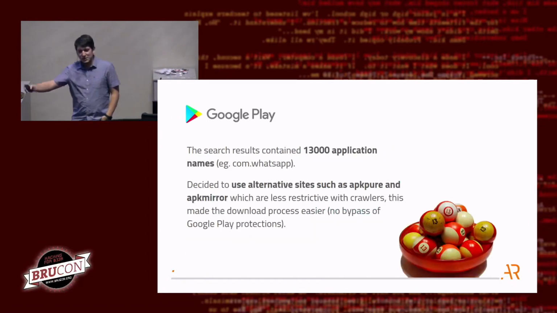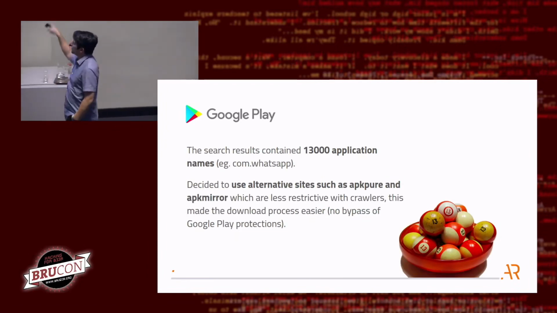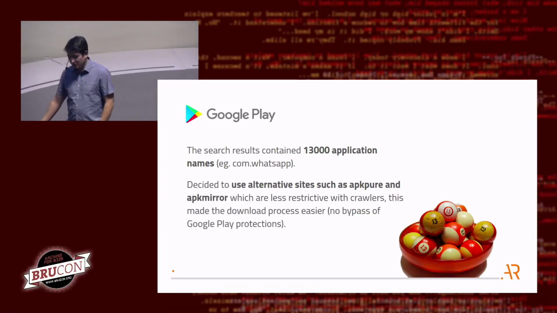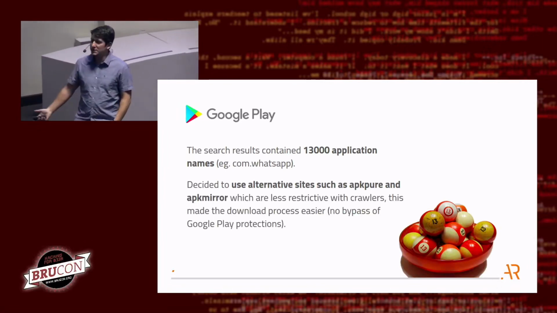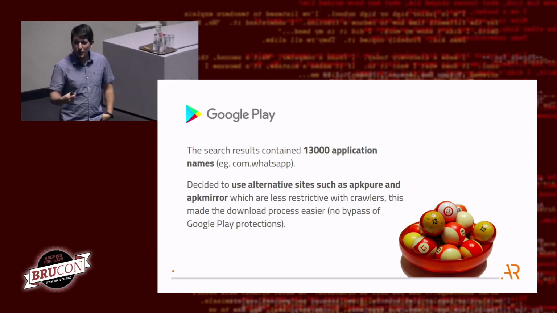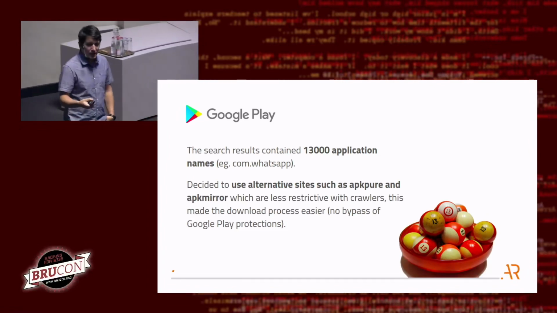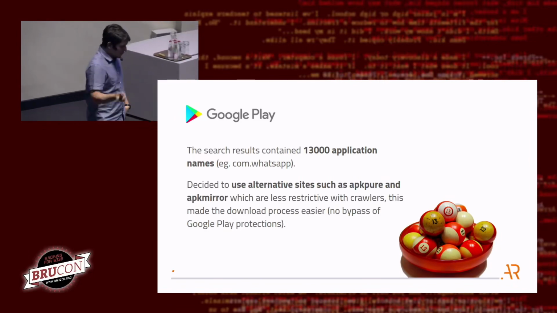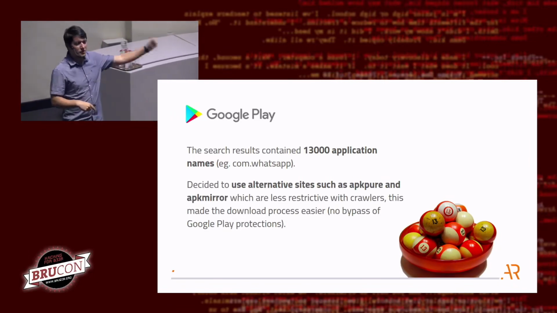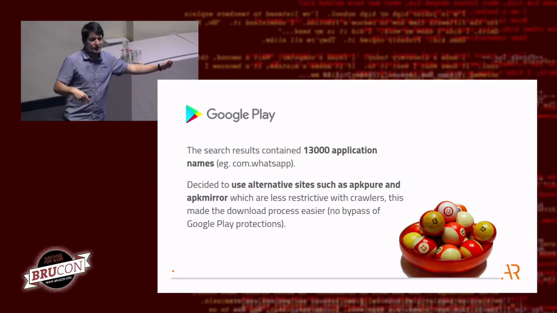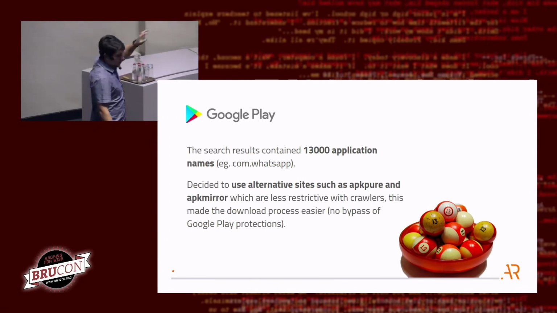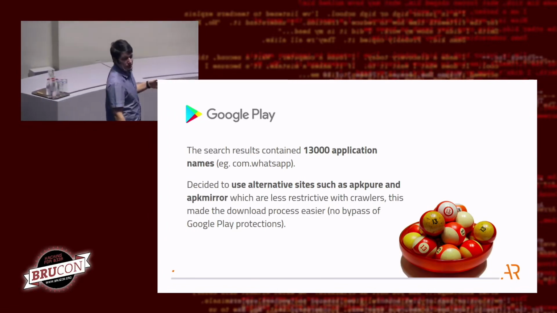From that service, I got 13,000 applications that use the AWS SDK. Those were the applications that I really wanted to analyze. And in retrospect, if I downloaded 2.6 million applications and actually only used 13,000, I would have been really disappointed.